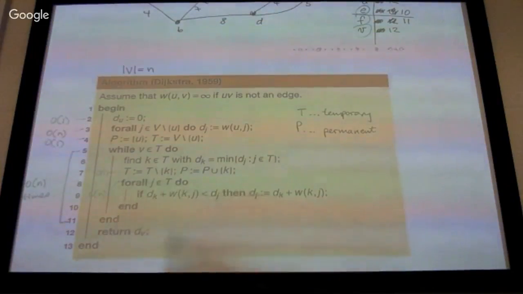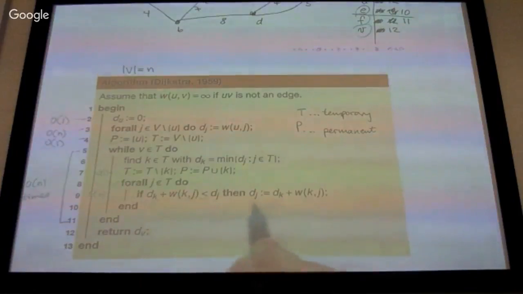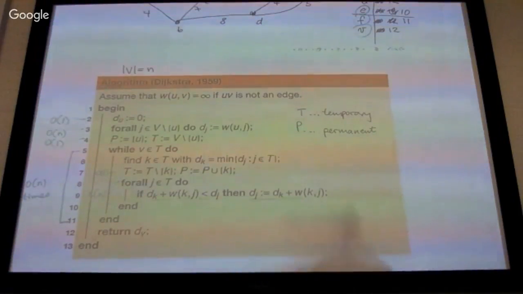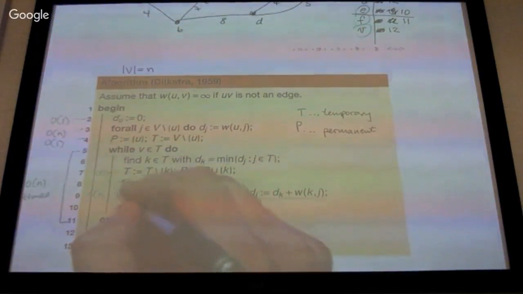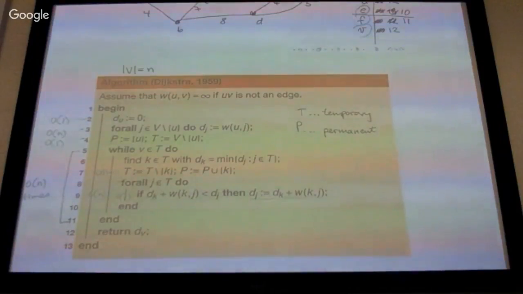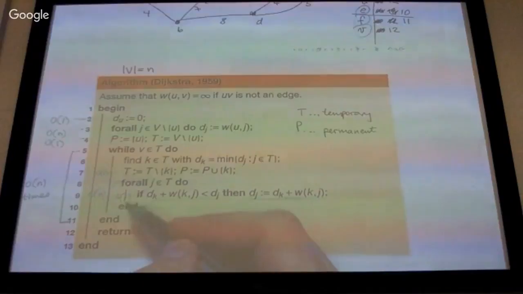And each of these, I have to add something, compare something, maybe assign something. So that's a constant number of operations, doesn't depend on how many vertices I have. So 4 or 5, something like that, but definitely O of 1. So this whole loop is O of n times O of 1, which is O of n.